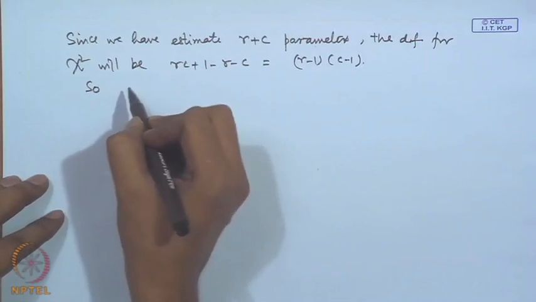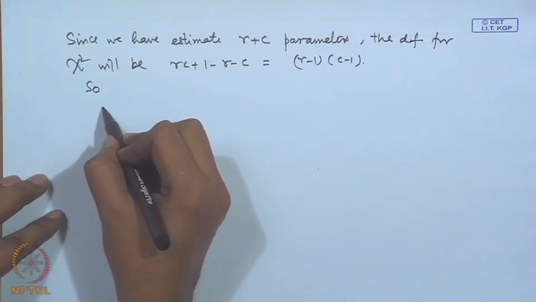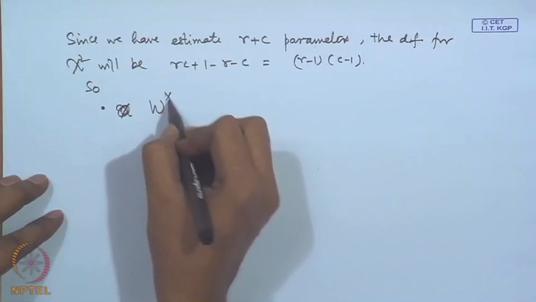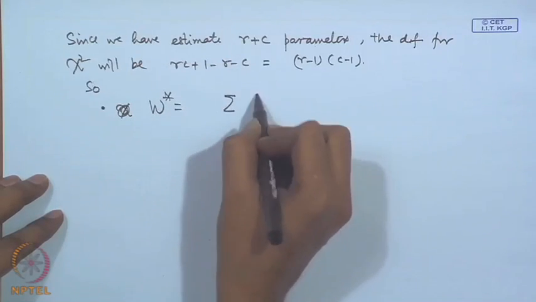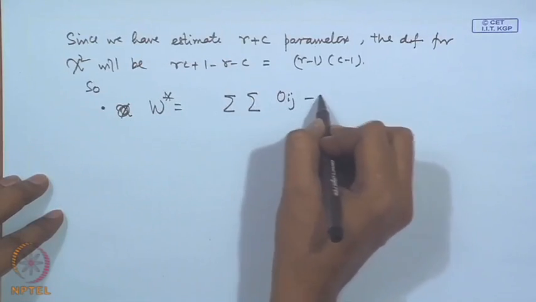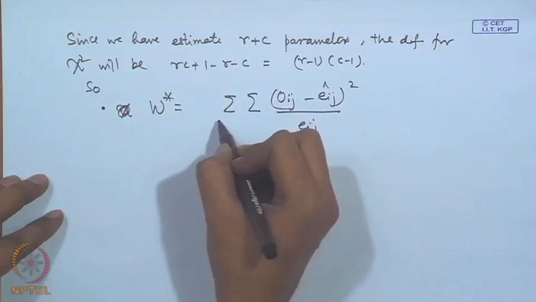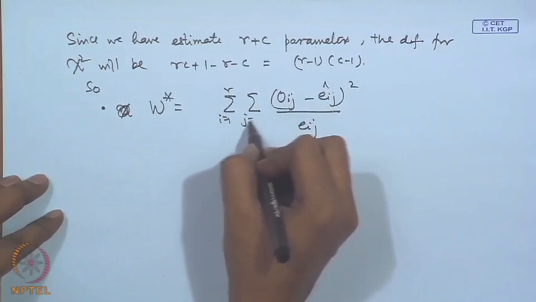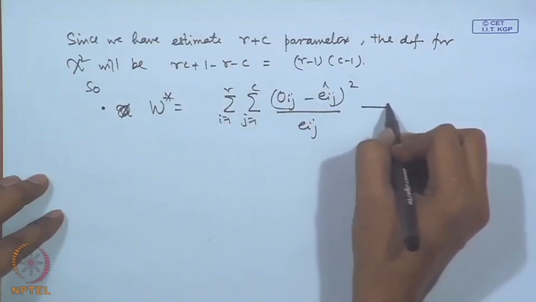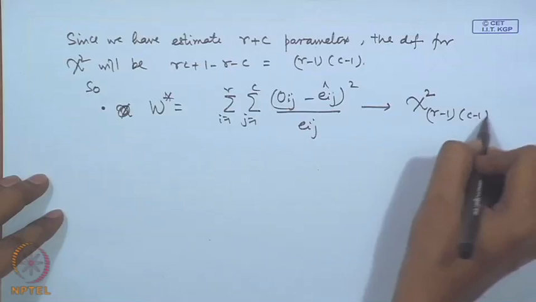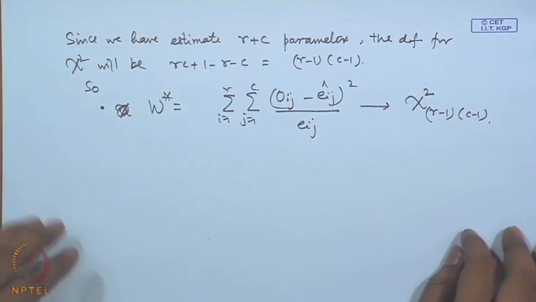So, the asymptotic distribution of, let me call it, W star, that is equal to the double summation of O I j minus E I j head square by E I j head, I equal to 1 to R, j equal to 1 to C, will be asymptotically chi square on R minus 1 C minus 1 degrees of freedom.